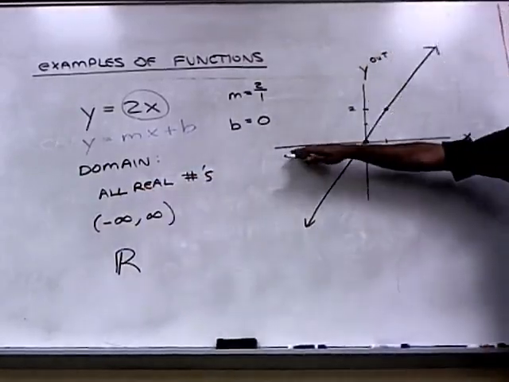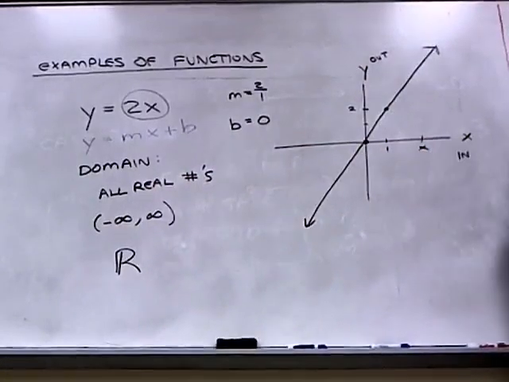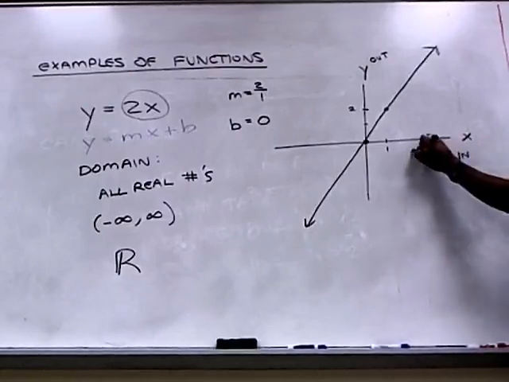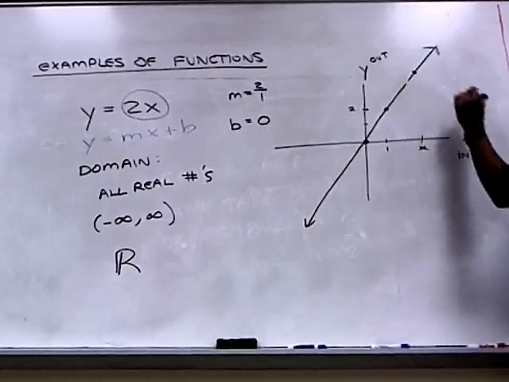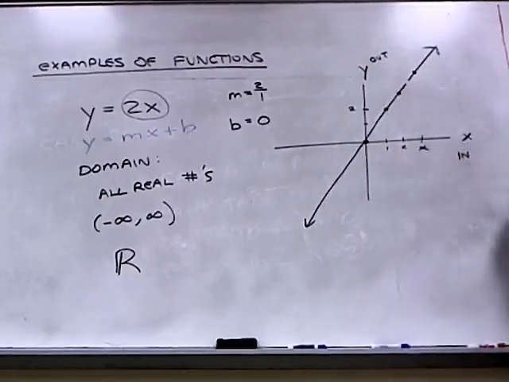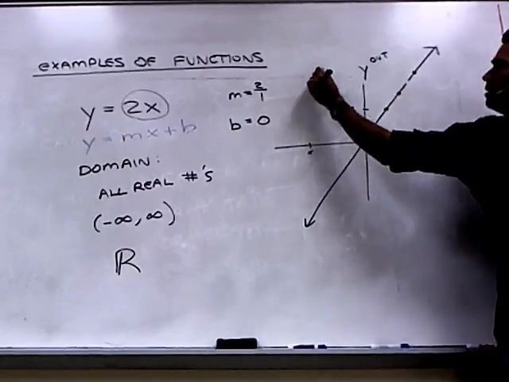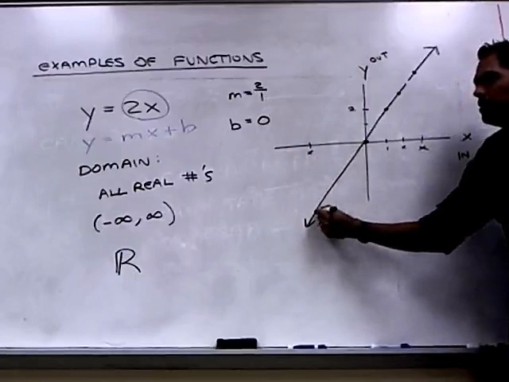Well, take a look at the x's, right? If I pick an x right here, if I pick some number, I'm just going to arbitrarily pick x. Is there an output for that x? Where is it? Up here somewhere, right? If I pick an x right here, is there an output for that? Yes, right here, right? If I pick an x right here, is there an output? Down here there is, right?